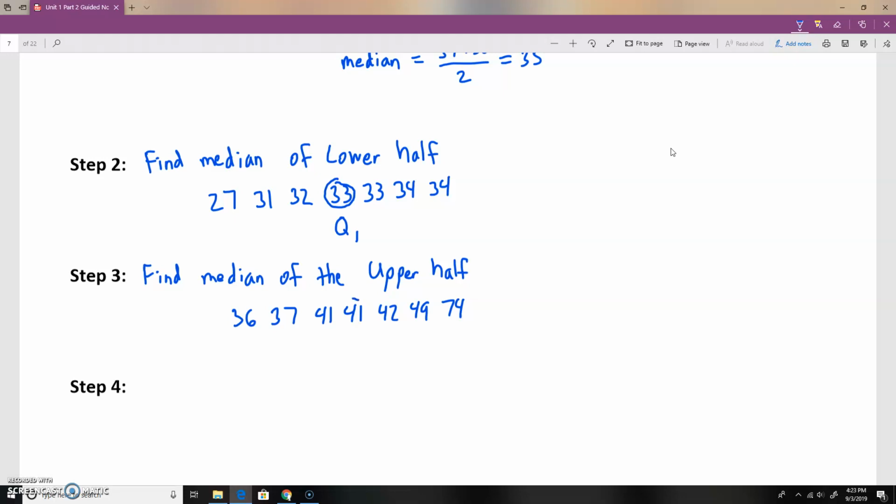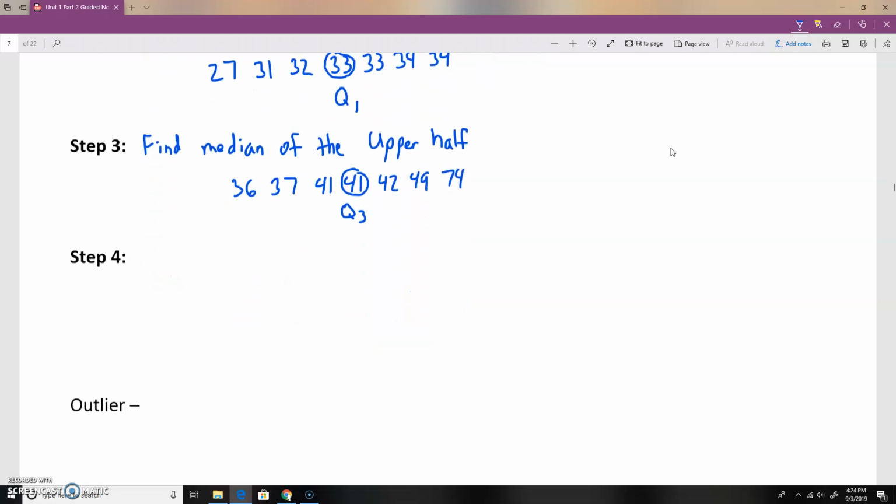And the median of our upper half is 41, and that's our Q3, our third quartile. Now, to find the IQR, we simply take Q3 minus Q1, and that tells us how much distance there is between those. So in our case, it's going to be 41 minus 33, and we get a value of 8.